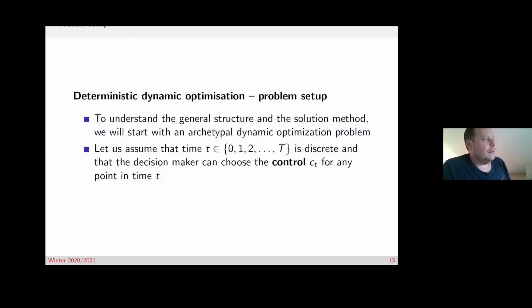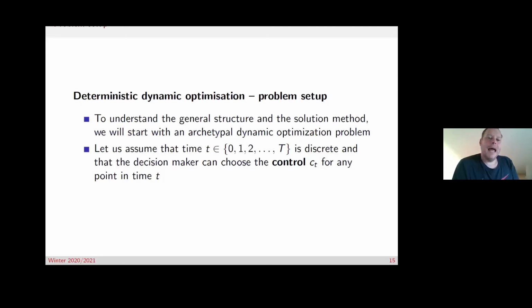In the past, we also discussed continuous time problems, but we refrained from those because at the end of the day, the computer cannot handle continuous time. So even for continuous problems, you have to make them discrete to solve them numerically. So we just decided, also in the theory part, to focus on discrete time problems.